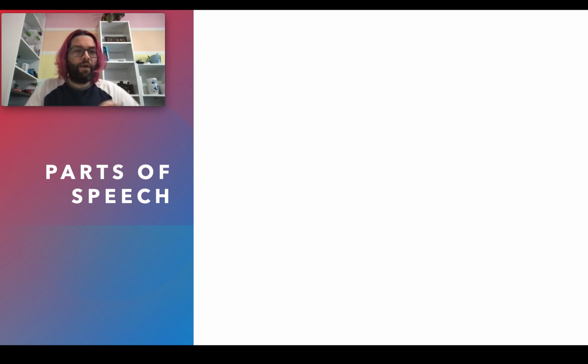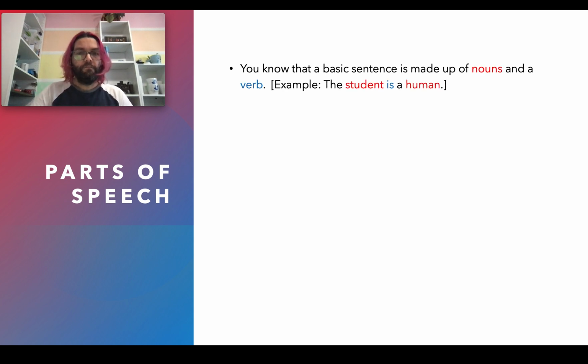And so one way that we can think about that is this idea of parts of speech. And I hope I'm not stressing anybody by making you think about times that you had done sentence diagramming. I've always actually really enjoyed sentence diagramming. But even if all I talk about today is parts of speech in terms of nouns and verbs, I expect that you all know that a basic sentence is essentially made up of nouns and a verb.